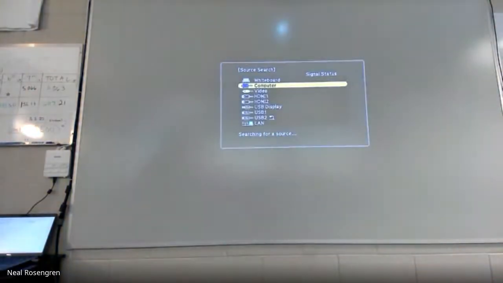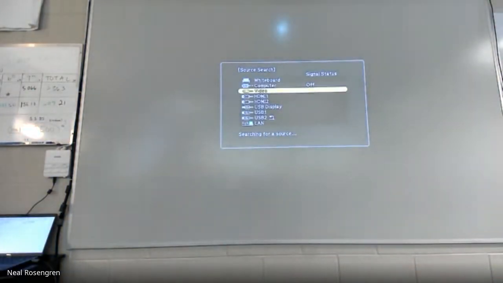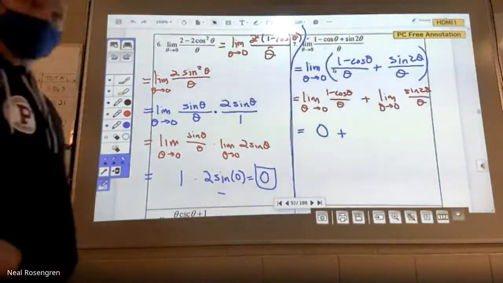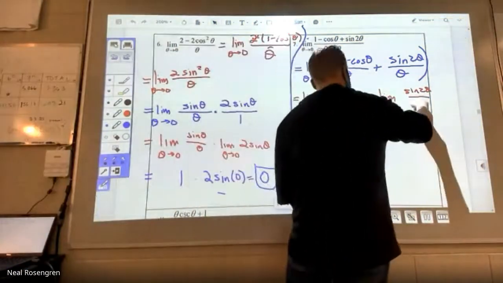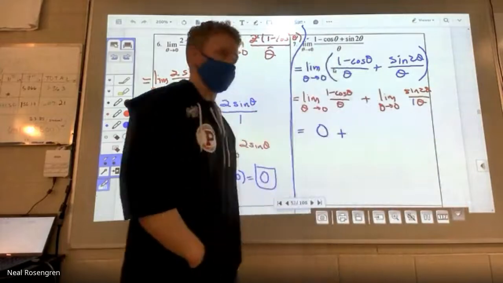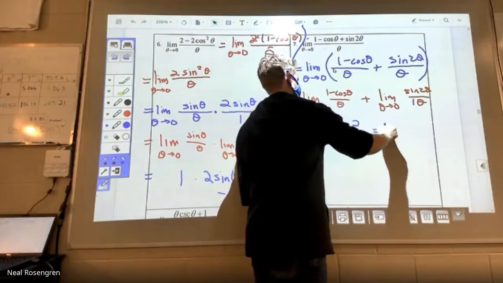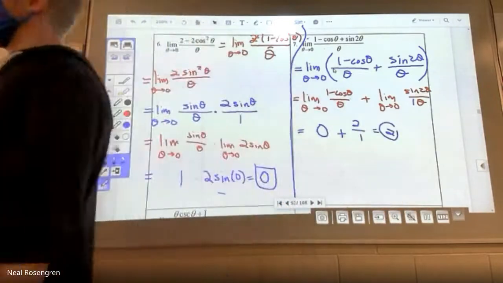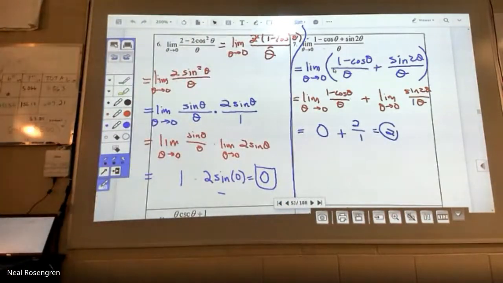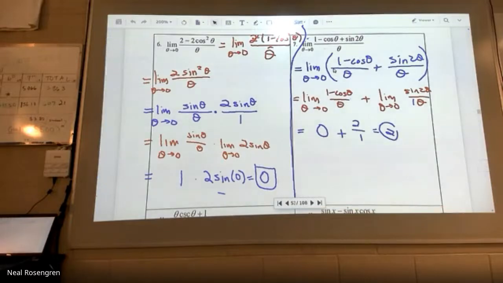You don't have to worry about doing anything but saying, oh, there's a 2 on top, a 1 on the bottom. Consider that quotient, whatever that fraction is. If it was like 3 sine of 2 theta, okay, 3 times 2 over 1. Just multiply all the numbers on top, multiply all the numbers on the bottom, see what you get. 0 plus 2.